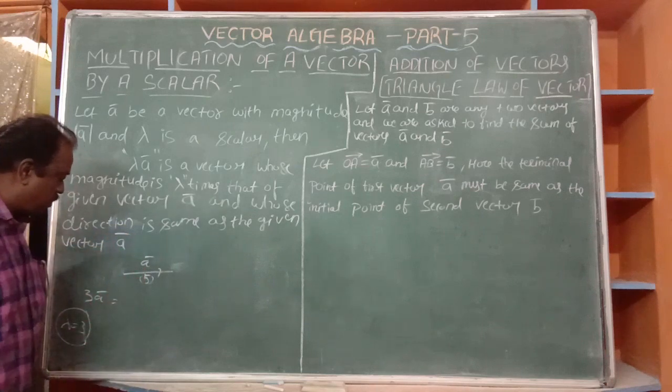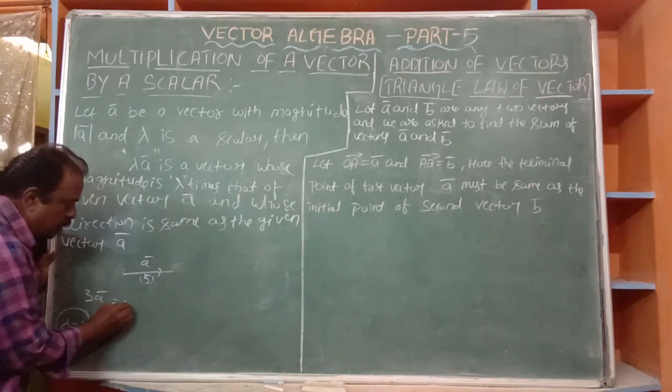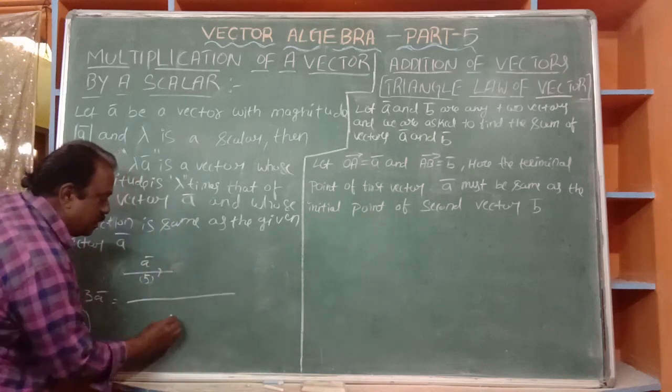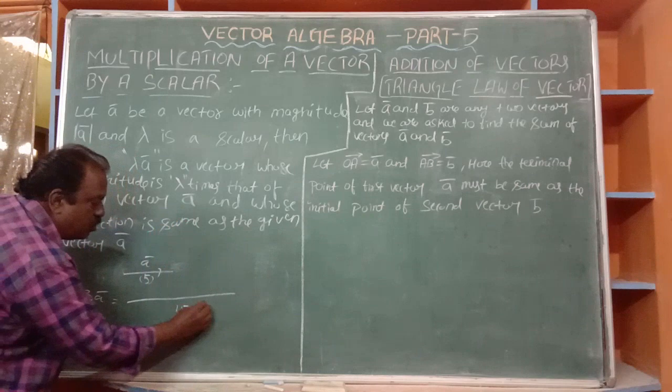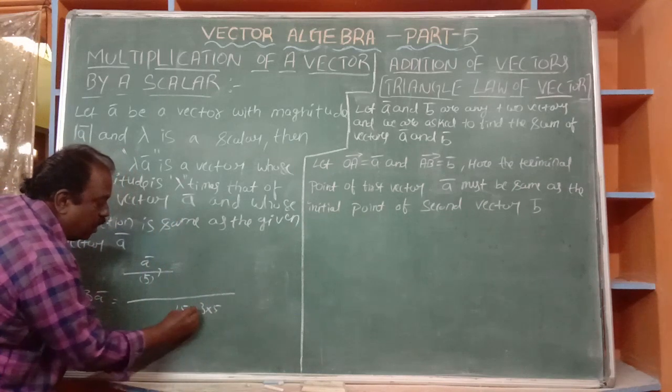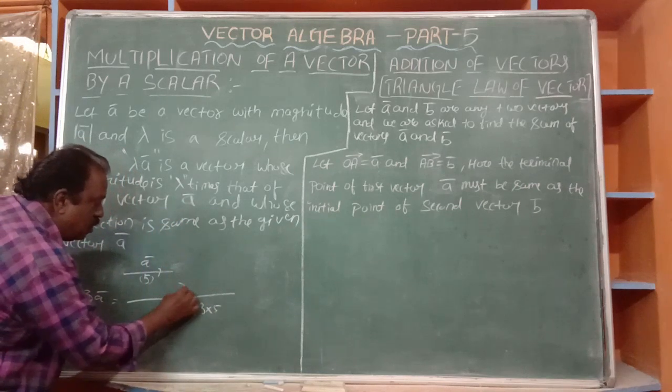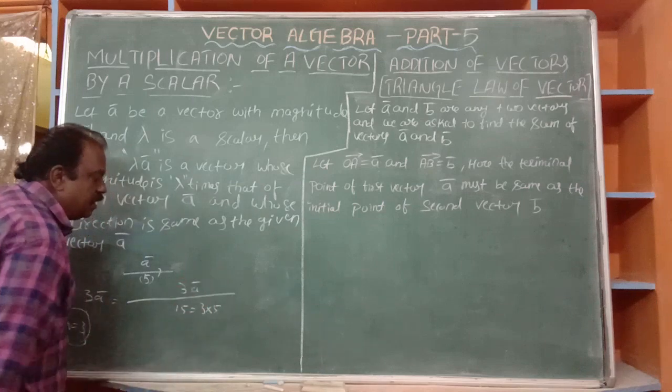So here is a vector. It is 15, that means 3 into 5. Now this vector is 3 A bar.